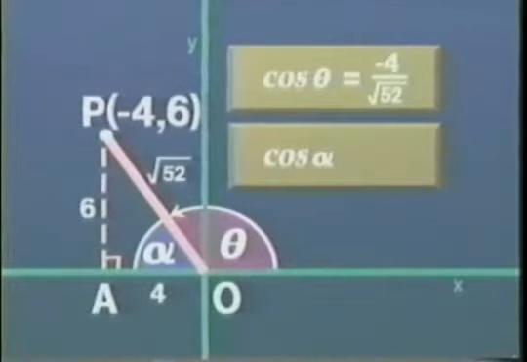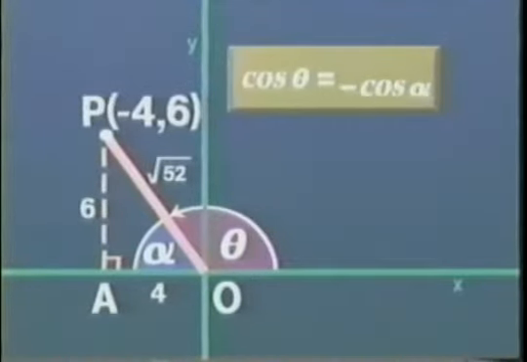So cos alpha is 4 over root 52. If we multiply both sides of this equation by minus 1, the right sides of the two equations are now equal. Therefore, cos theta must equal minus cos alpha.